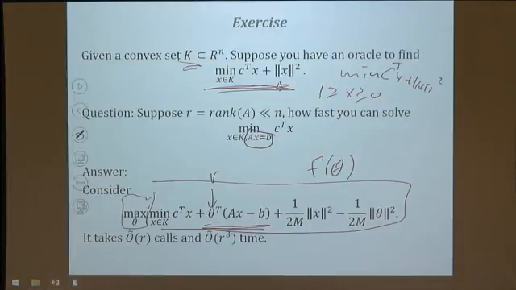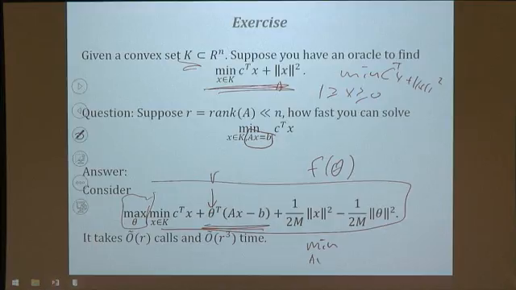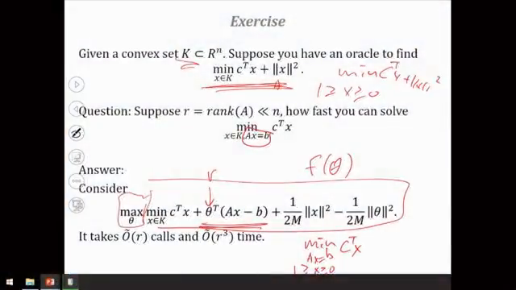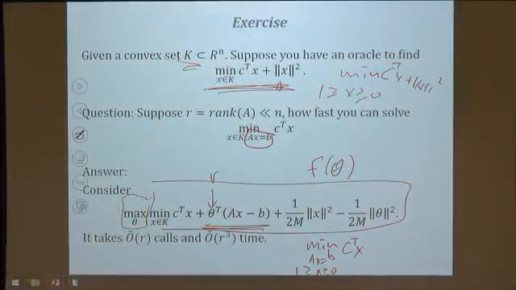So why we talk about this is because previously, for example, for this LP, we know how to solve it in square root of R iterations using the interior point method, and that paper is super complicated.